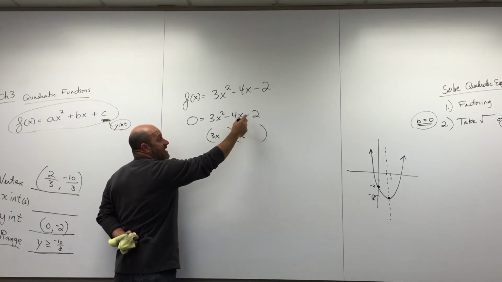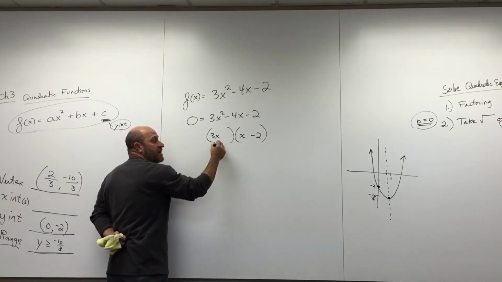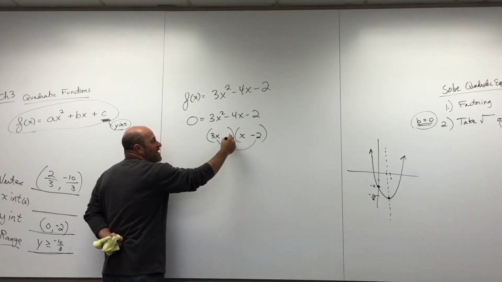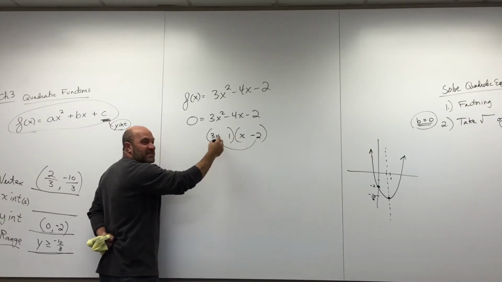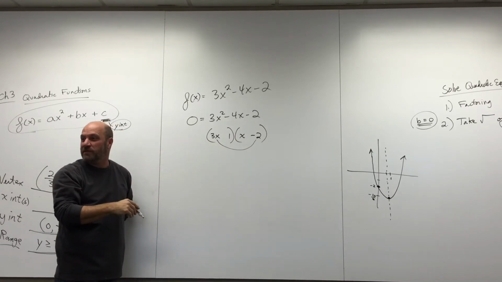One of them's got to be negative, one of them's got to be positive. If I put the 2 here, that's 6x. If I put the 1 here, that's a 1x. 6x and 1x. Man, that won't work, will it?